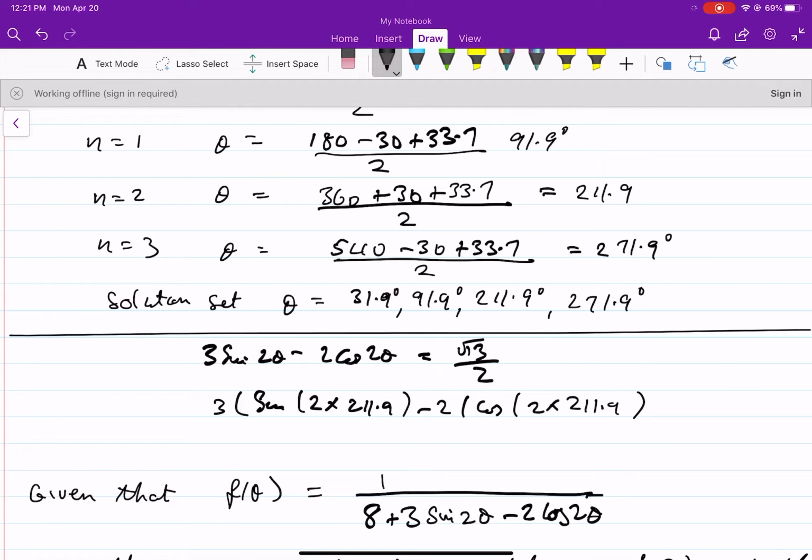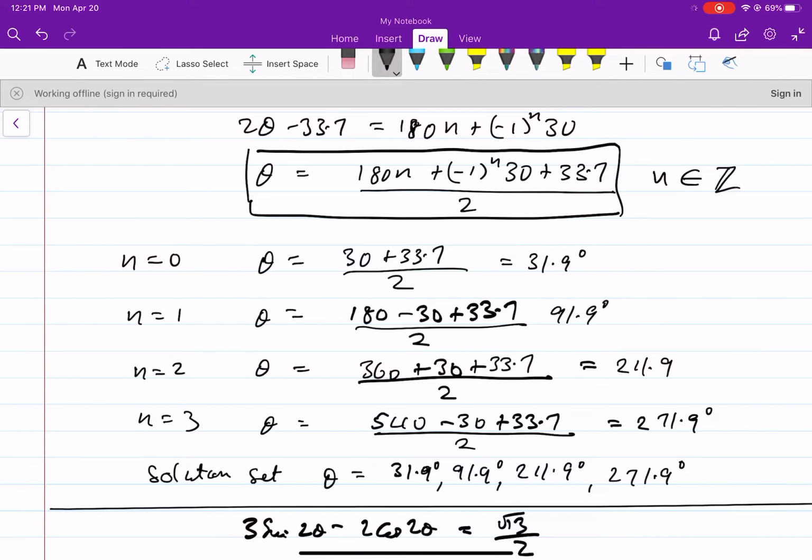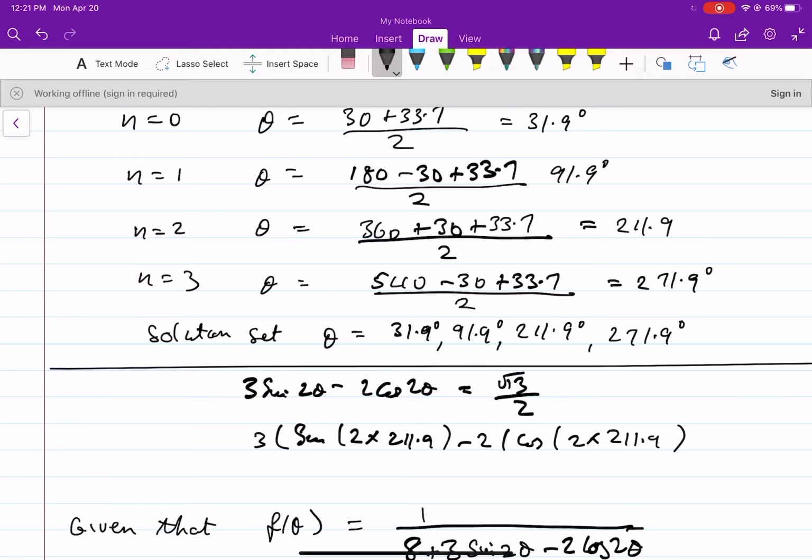3 times the sine, cos. So this is 1.808, and root 13 upon 2 is equal to 1.802.